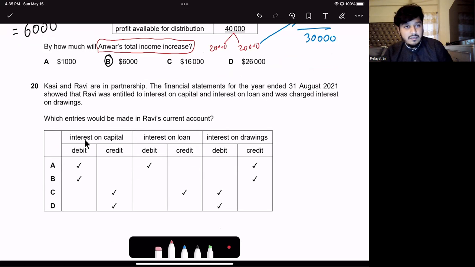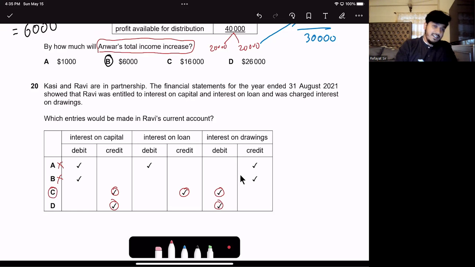Interest on capital is always credited in the current account, so A and B are eliminated. Interest on loan is also credited in the current account. Interest on drawings is debited in the current account. So the answer is C.